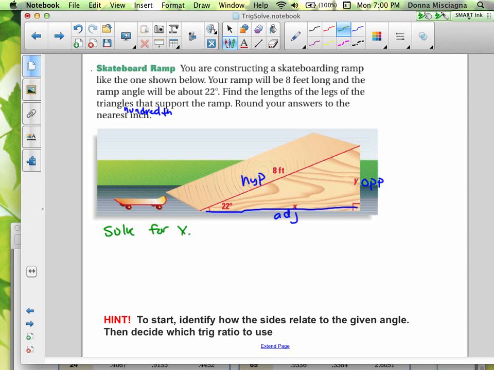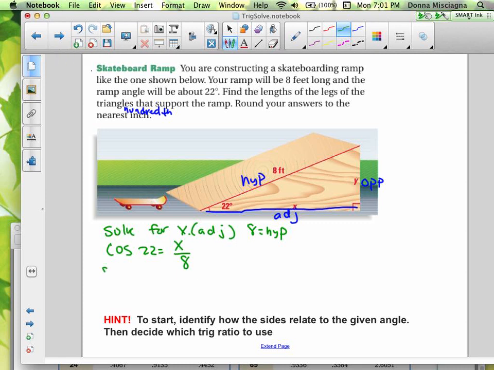Notice that we are missing the adjacent. So x is the adjacent. We have the hypotenuse, 8. So if we're looking for the adjacent, but we know the hypotenuse, we should use cosine. So we have cosine 22 degrees equals the adjacent, which is x, divided by the hypotenuse, which is 8.